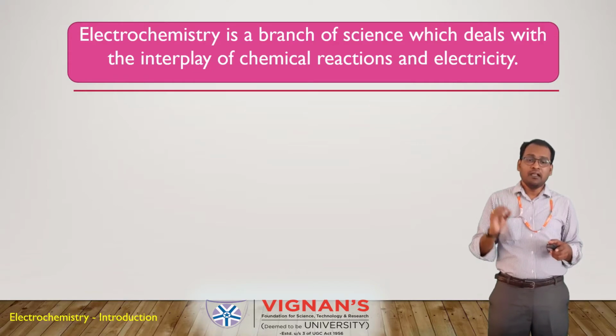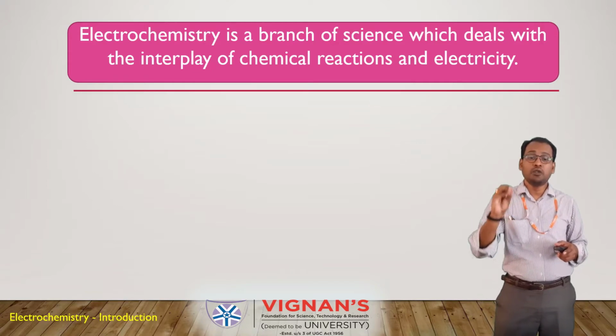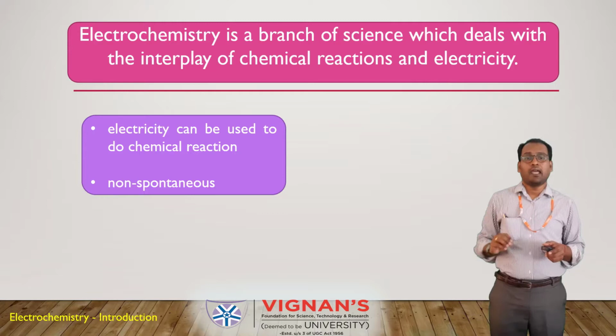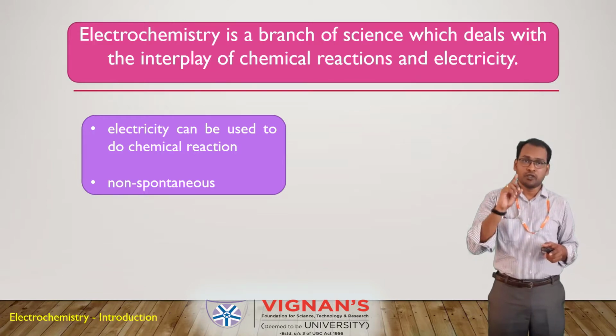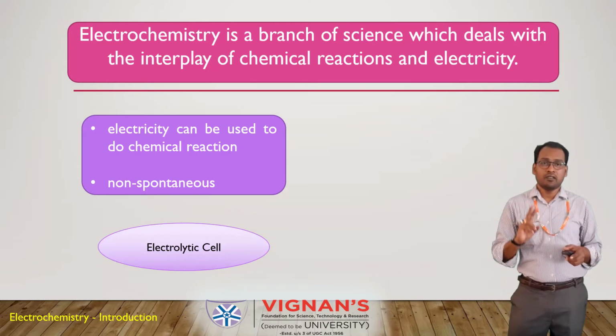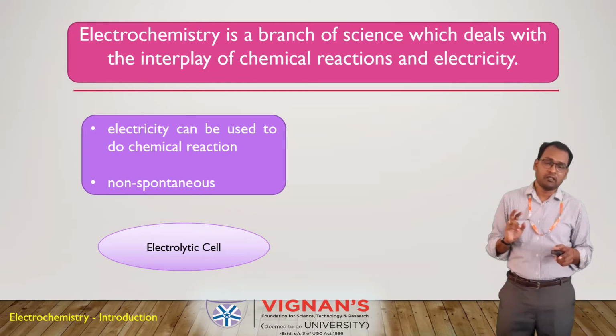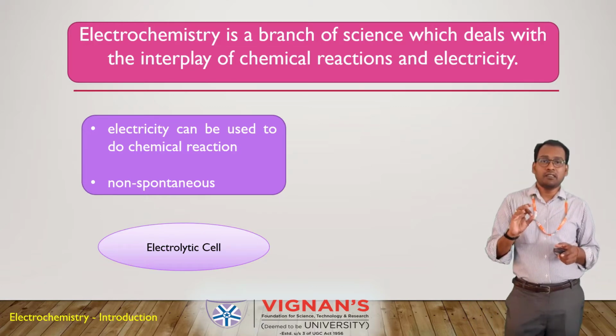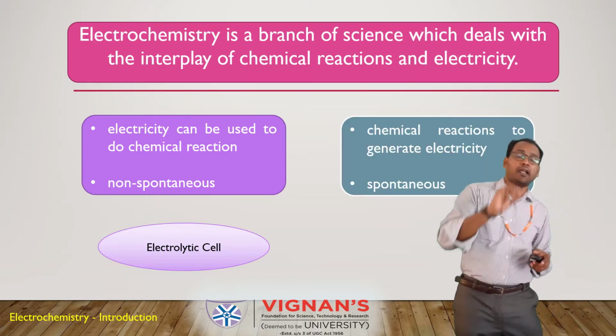So in the first one, electricity can be used to do some chemical reactions, which will be a non-spontaneous process. We are driving the reaction by supplying an electric current externally. So this is one way of doing electrochemical reactions, and the example will be an electrochemical cell or an electrolytic cell, and the second one will be chemical reactions can be done to generate electricity.